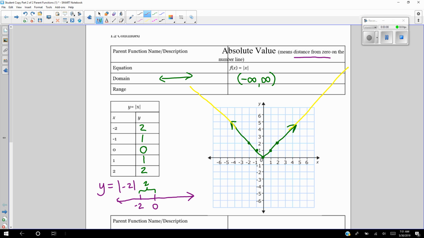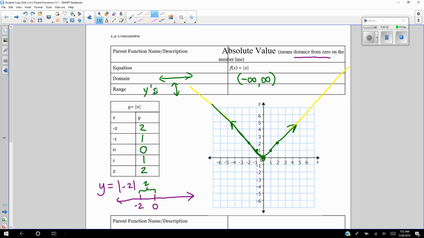The range is how far up and down the graph goes. Now quickly we see that it does go up forever. Both those yellow lines are going up forever, but it doesn't go down forever. It has a lowest y coordinate. And remember, for range, we use the y's.